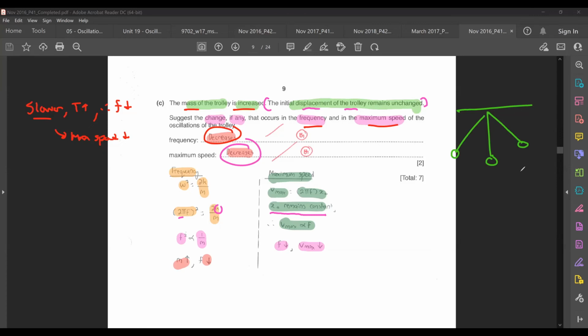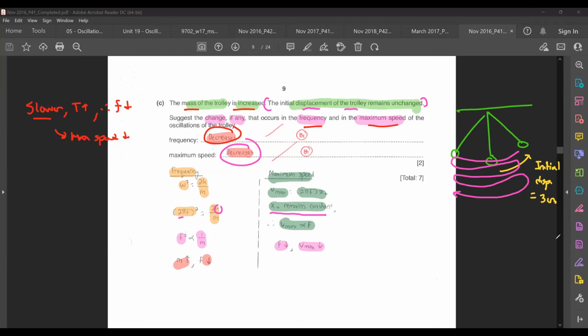If I told you that I initially gave it an initial displacement of say 3 centimeter, and then I release the pendulum bob, I know that it will just start to move like this, like this, on and on and on, right?